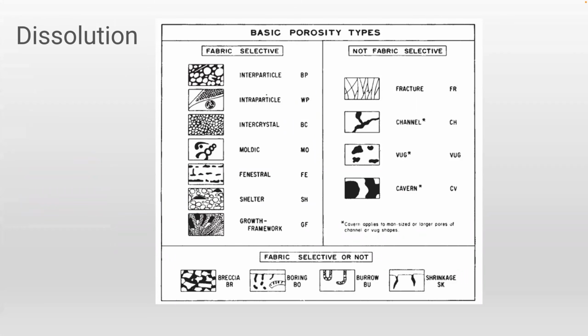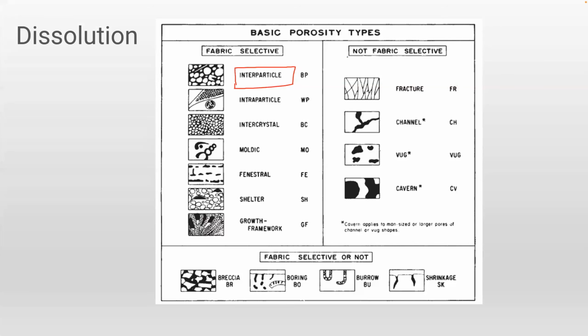We have different types of porosities. For example, in the carbonate, you have interparticle, intraparticle, or intercrystal. Especially in dolomite, you have moldic, fenestral, and shelter or growth framework. But in the sandstone, most of the time you have intergranular porosity, similar to interparticle in carbonate.